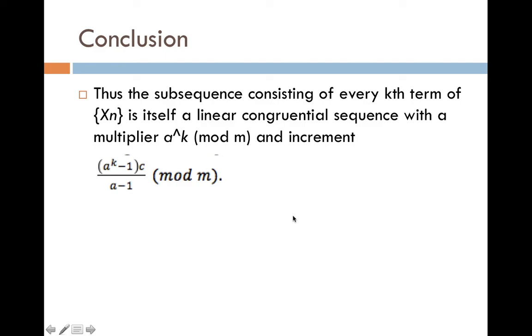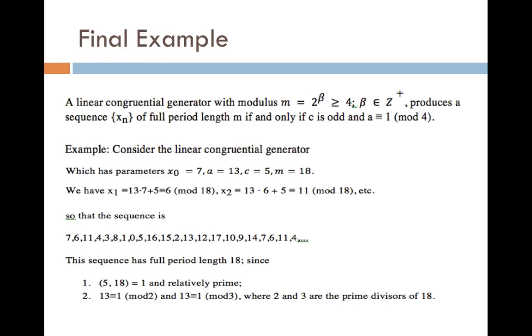Okay, great. So what does that necessarily mean? Well, let's go through a final example talking about what we really need. We're still going to consider the linear congruential generator with a modulus of m equal to 2 to the beta, with beta greater than or equal to 4, a positive integer.